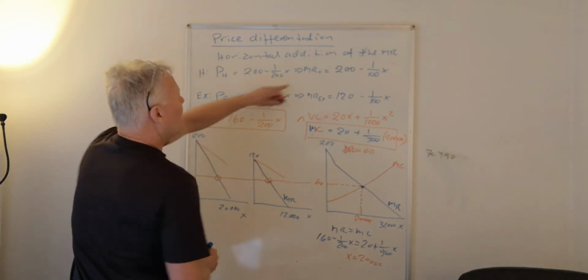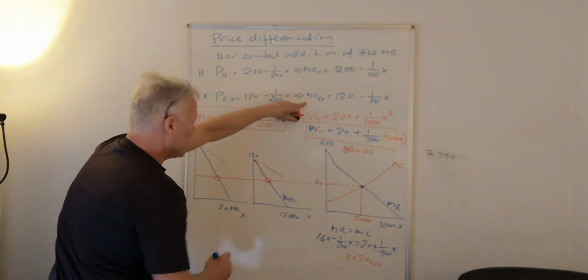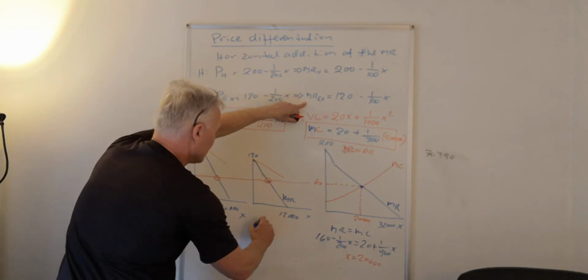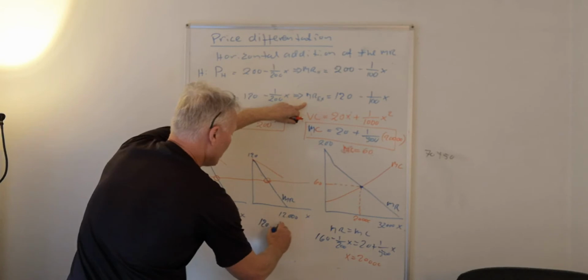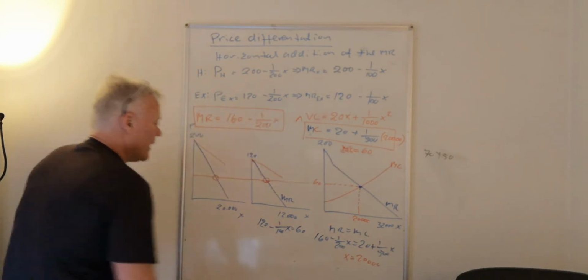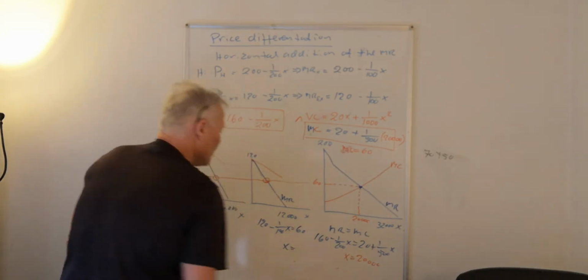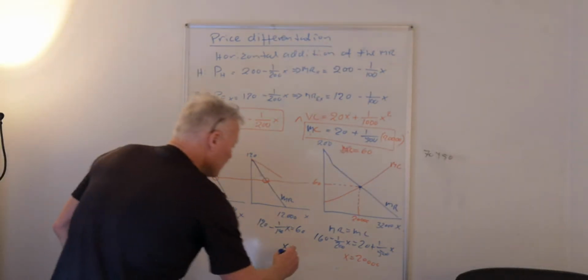So I have the marginal revenue for the export market, which I start here, 120 minus 1 over 100x, has to be equal to 60. And that gives me 6,000.